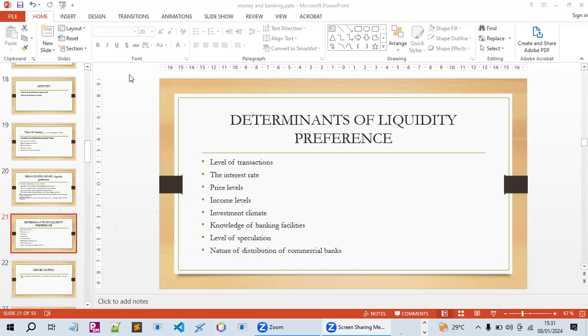Age differences is wrong. It's not a factor of liquidity preference. Yes, Tony, you're free to unmute.